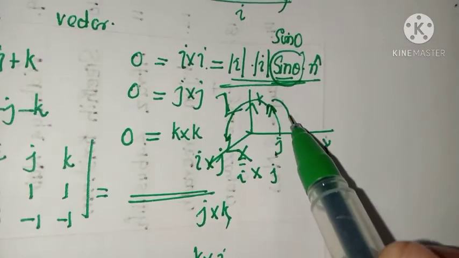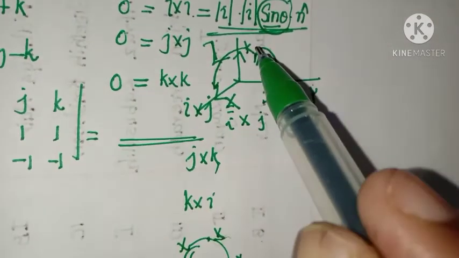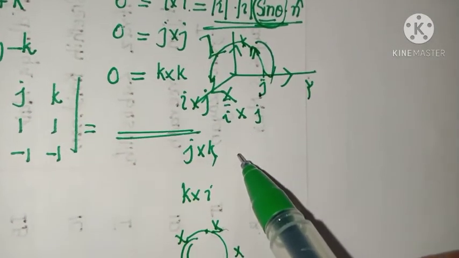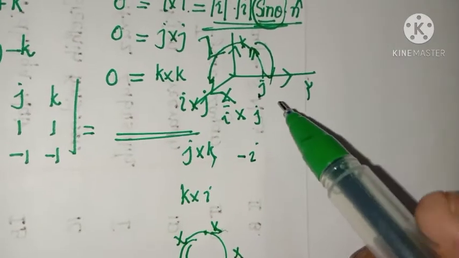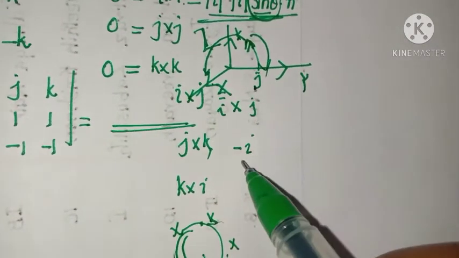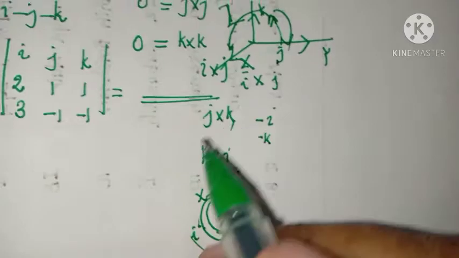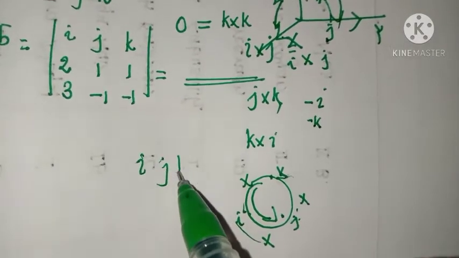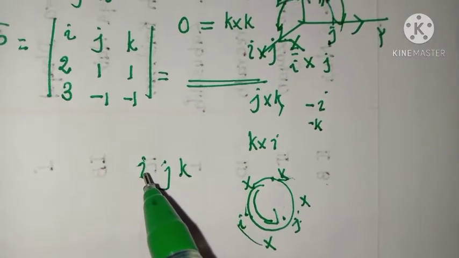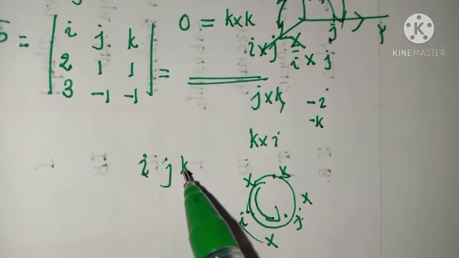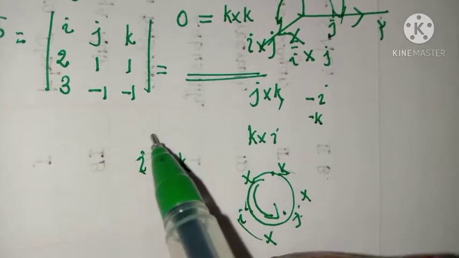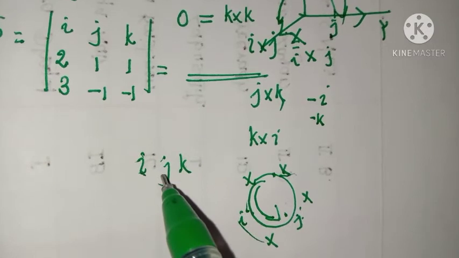Suppose we take the clockwise direction. That is k cross j, it is minus i. j cross i is minus k and so on. So, keep the order in mind. i, j, k. The cross product of i and j is k. j cross k is i. k cross i is j.